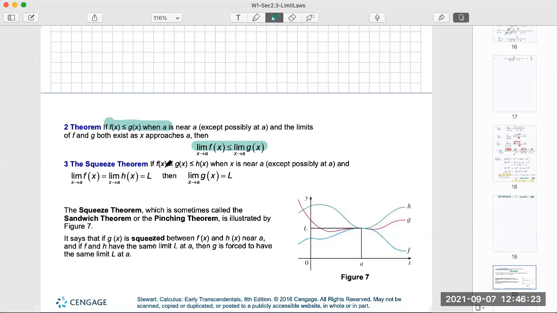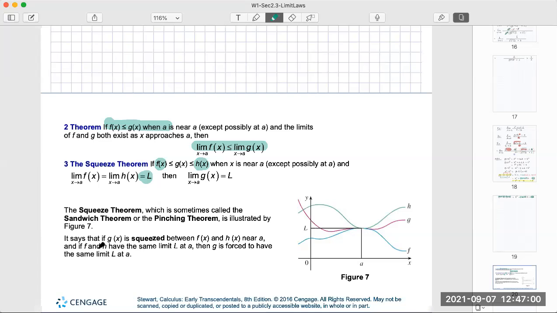And if we're given the function f and the function h here, satisfying that f(x) is smaller than g(x), smaller than h(x) here, then the limit of the two sides, if the limits of the two sides are the same, which is equal to L here, then the limit of the middle one should be the same value as that guy. Okay, squeeze theorem, or sometimes we call it sandwich theorem. Makes us hungry, right?